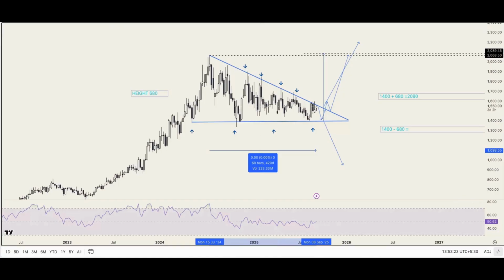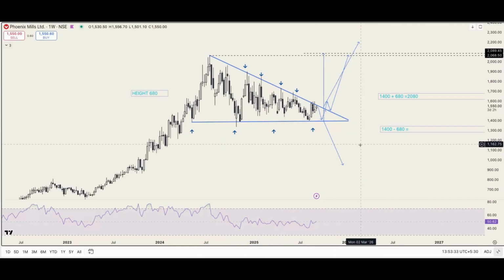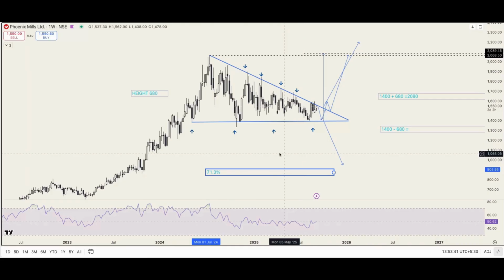So we'll just calculate 420 divided by 589, it was there, right? So it's 71.3. So 71.3% of the span is already done. Based on this, we can actually expect a breakout very soon in Phoenix Mall.